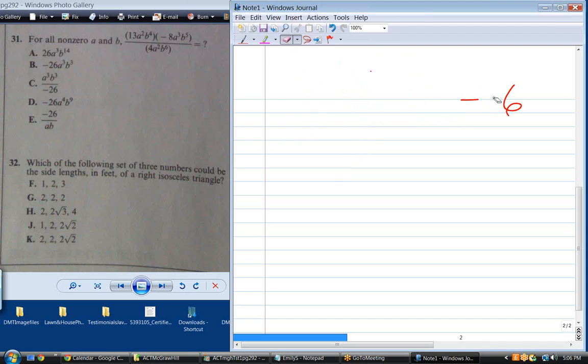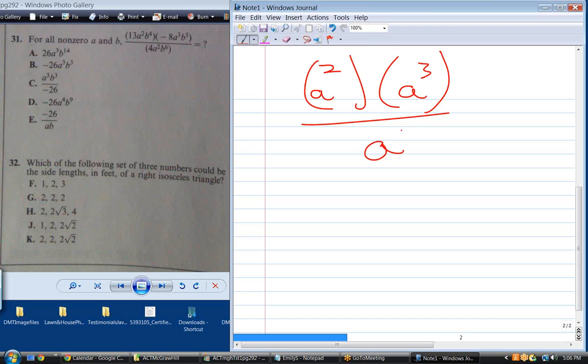The next thing to figure out is the A's. We have A squared times A cubed divided by A squared. What does that give you? It's 5 over 2.